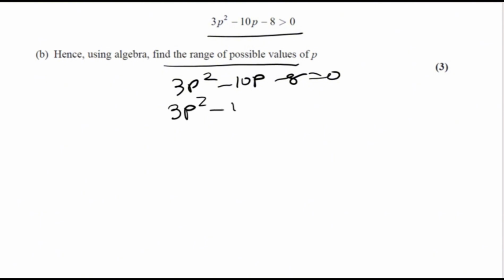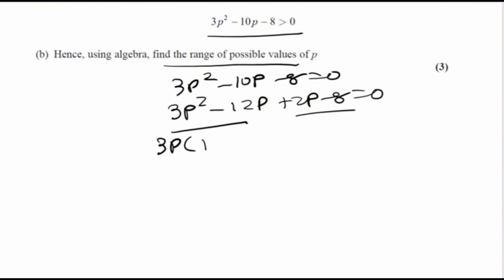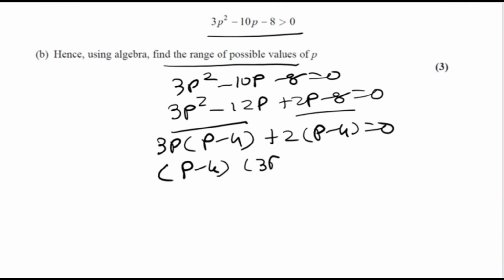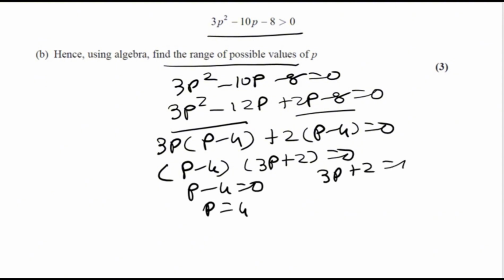So 3p squared minus 12p plus 2p minus 8 is equal to 0. 3p is common, p minus 4. 2 is common, p minus 4 equal to 0. So p minus 4, 3p plus 2 equal to 0. So p minus 4 equal to 0, p is equal to 4. 3p plus 2 equal to 0, p is equal to minus 2 over 3.